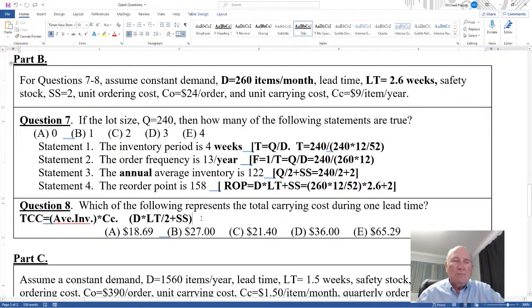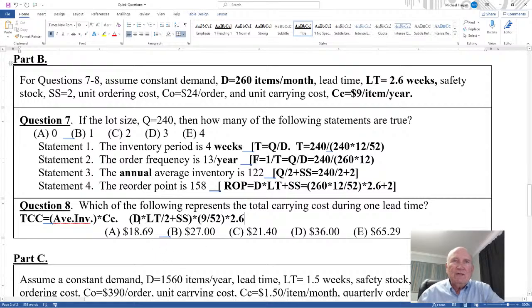Now I want to multiply that by my carrying cost per lead time. My lead time is in weeks, but my carrying cost is in years. So I take my carrying cost, which is $9 per item per year, and divide that by 52, and that's my carrying cost per week. But I want my carrying cost per 2.6 weeks, so I multiply that by 2.6.